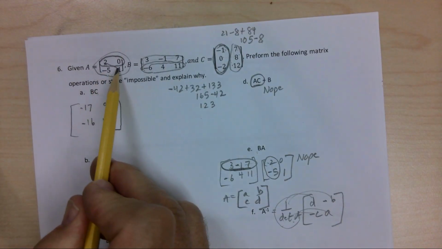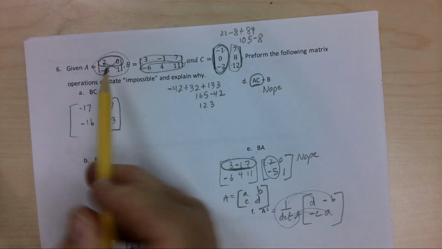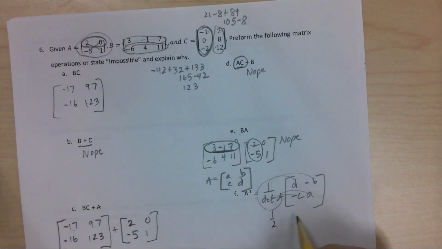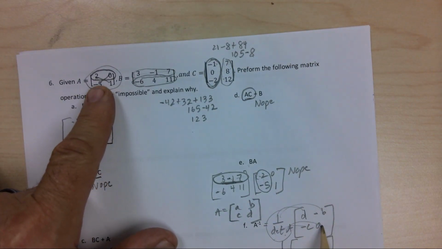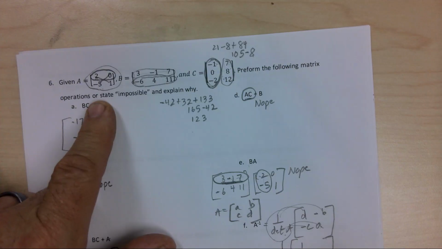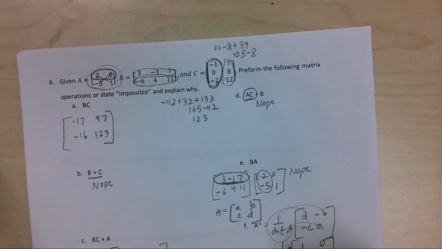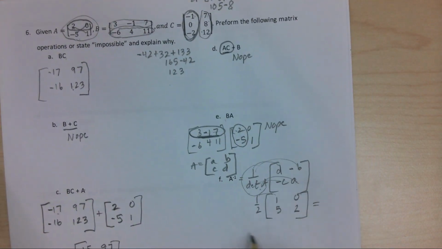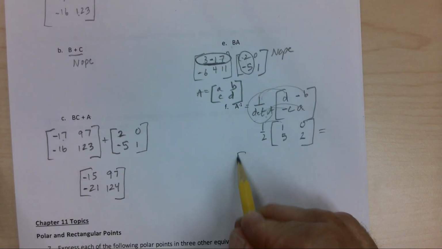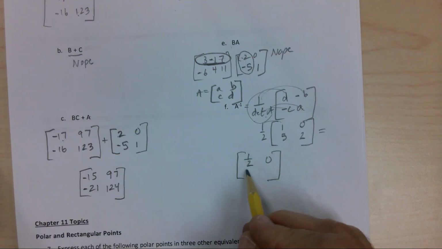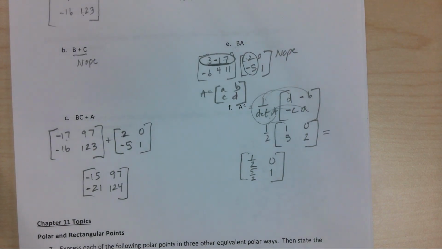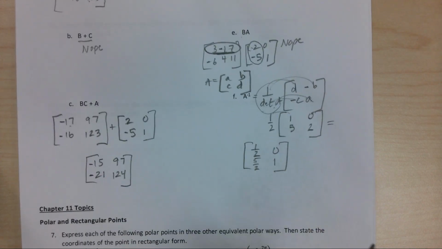Well, that's 2 minus 0, which is 2, so it's 1/2. Now we just follow this formula for that matrix. So we switch the 1 and the 2. The opposite of 0 is 0, the opposite of negative 5 is 5, and we just distribute this to all 4 places, and you get 1/2 or 0.5, 0, 5 halves or 2.5, and then 1. Don't care if you write decimals, but there's my answer.